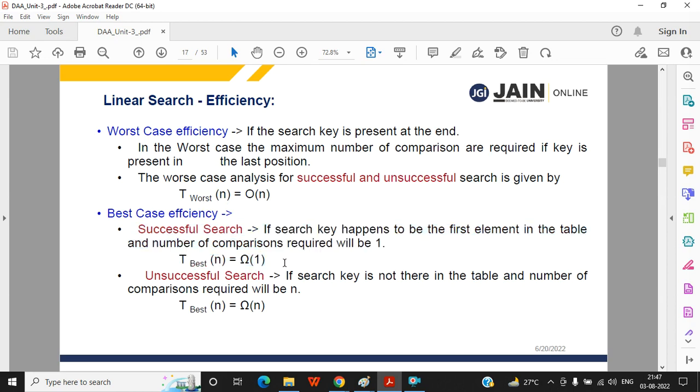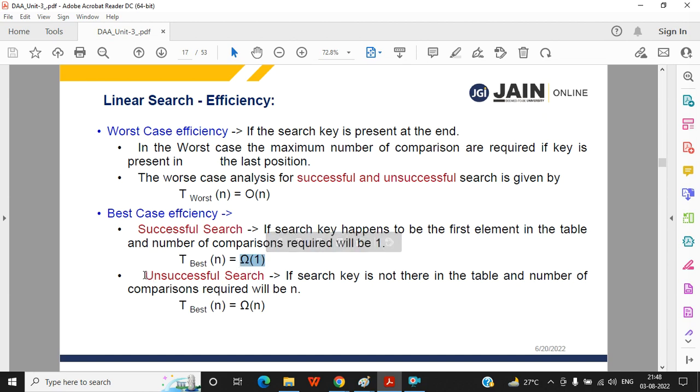If the element that you are looking for is present in the first position of any array, then whatever the length of the array, it doesn't matter. You will always get it, 100%, in the first attempt itself. Your algorithm may take different times on different computers, but you will always get it in a constant amount of time. It is not dependent on n. That's why we say this is a constant amount of time, whether big O, big omega, or big theta.